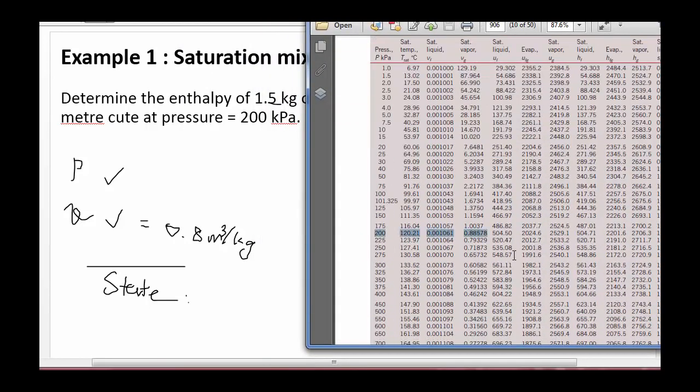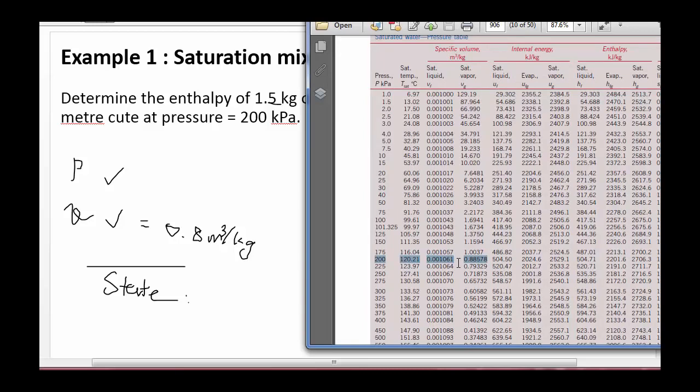And then in this line, you need to compare your digit. Your specific volume found is 0.8. Apparently, it's in between the vf and the vg, meaning this is not a compressed liquid, since it's not less than vf, and it is not a superheated vapor, since it's not more than vg, but it's in between, meaning it is a saturated mixture.